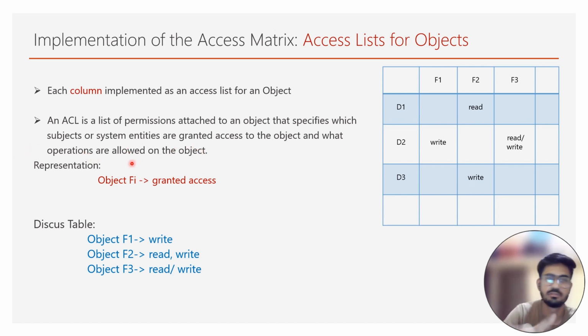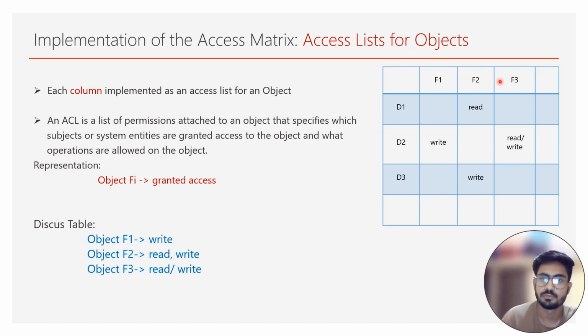This is the representation of the table: object F1, and in this column we can see only write, and nothing is there for D1 in this part, so we write only write.